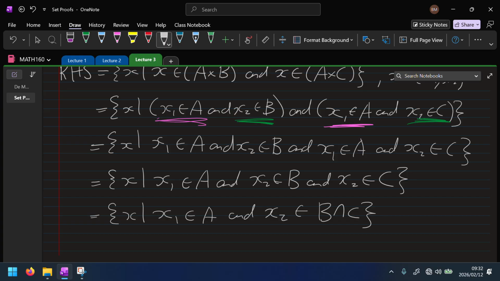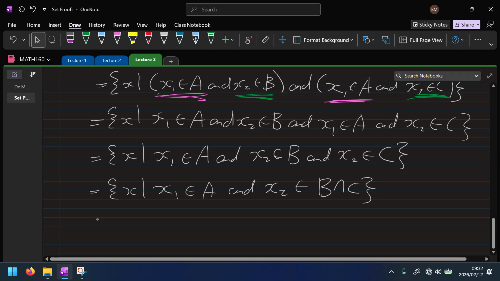What does that become? First part goes with the first set, second part goes with the second set. So it's 2 different parts. That becomes... It's not intersection because these are different. Cartesian product, yeah. So the first one goes with A, and the second one goes with B intersection C. This is the Cartesian product.